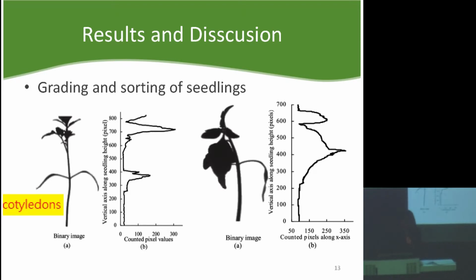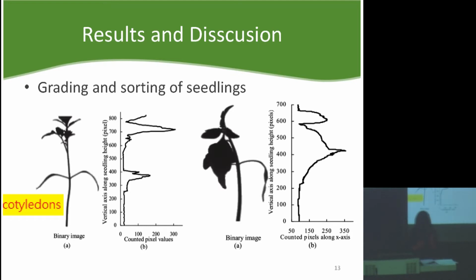We can see that around pixel number 250, the stem diameter pixel count increases gradually up to pixel number 360, which indicates the presence of these small leaves, this one.